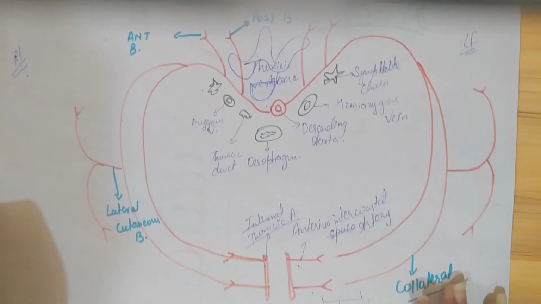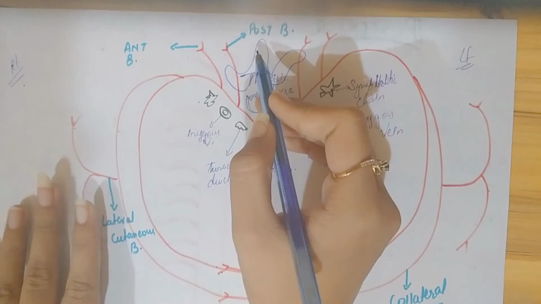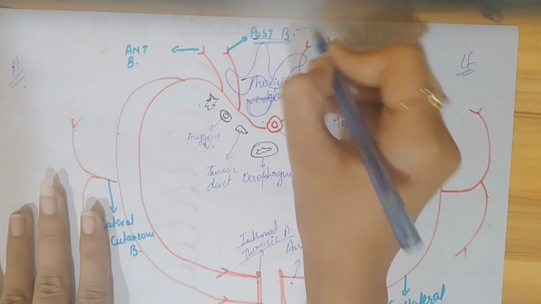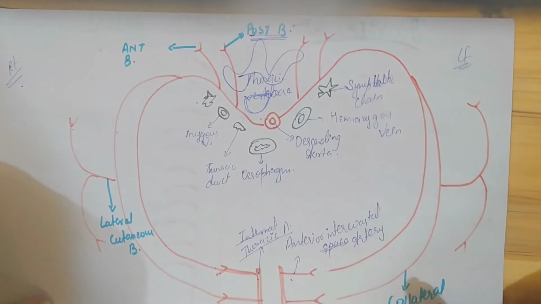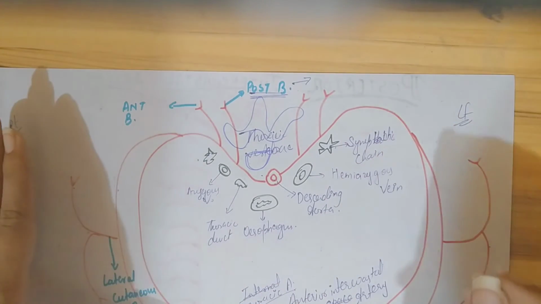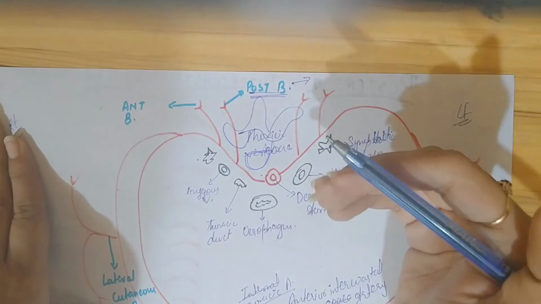Right? Now let's see where all these branches supply. The first one is the dorsal or posterior branch. The posterior branch supplies the spinal cord, thoracic vertebra, muscles and the skin of the back. Because it's the posterior branch, it will go to the posterior side.